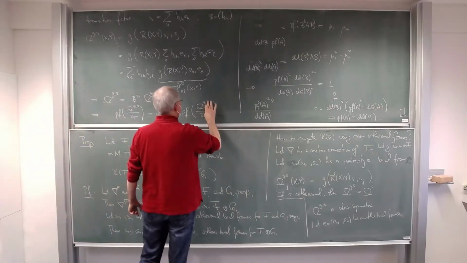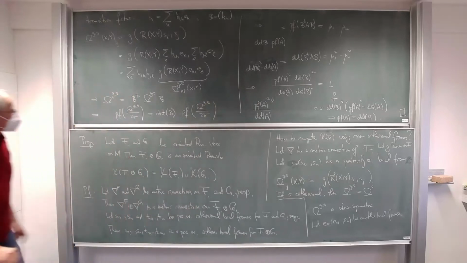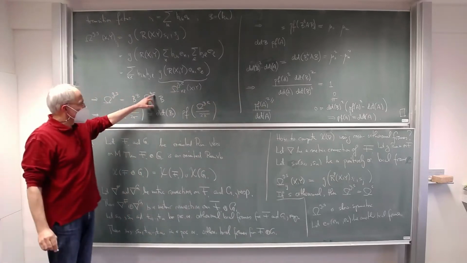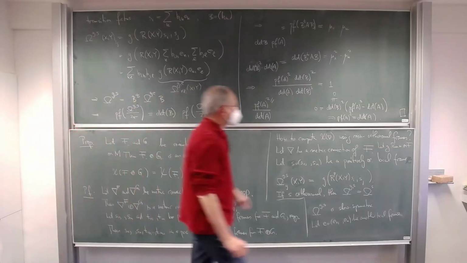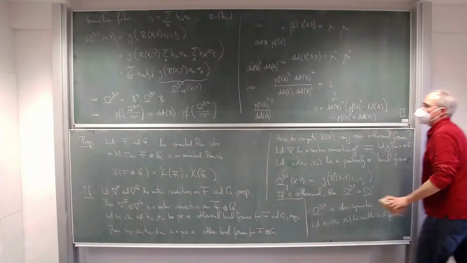And if I now choose the second frame E to be orthonormal, then this represents the Euler form. So let me do this now.